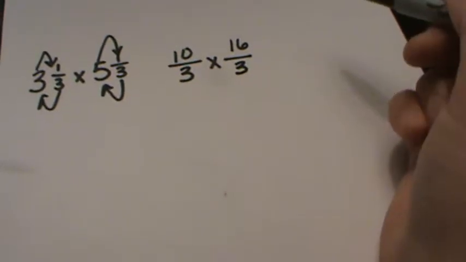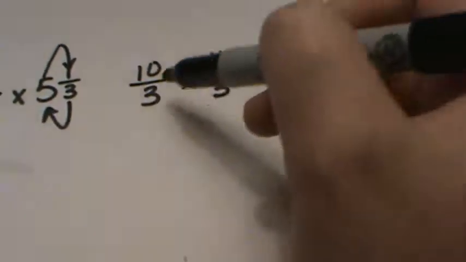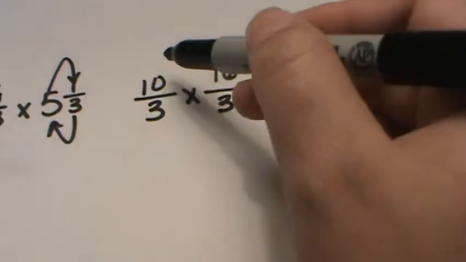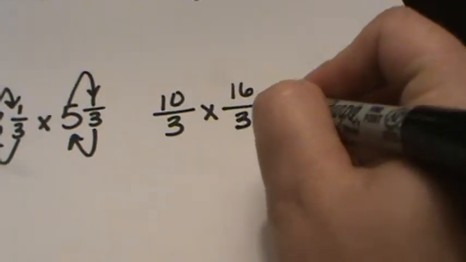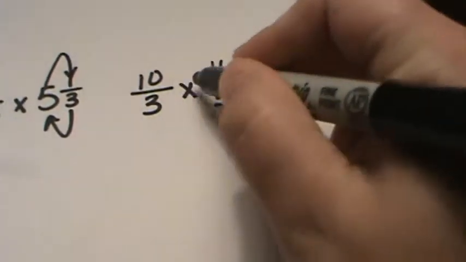We check to see if we can cancel it all. 3 are my only denominators, and neither 10 or 16 have 3 as a factor, so we have to continue from here.